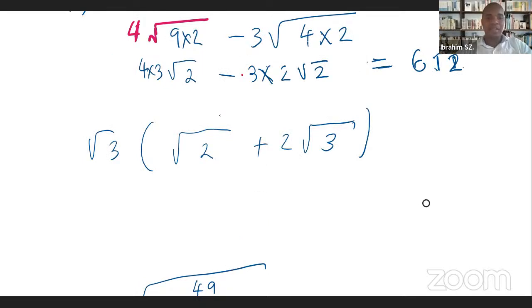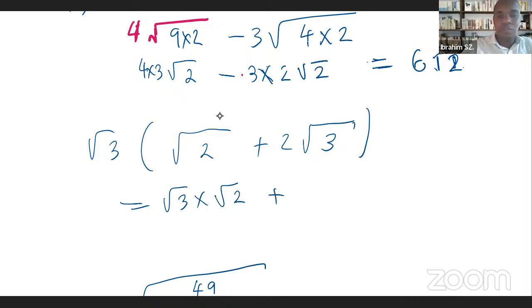Another example, here we have another example. So we have a square root of 3 out of the bracket. So that is multiplication. So we're going to say this is square root of 3 times square root of 2 plus 2 times square root of 3 times square root of 3.